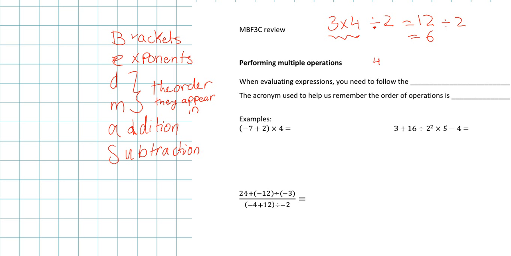Let me give you another question. Let's say you have 4 divided by 2 times 3. Then you have to do 4 divided by 2 first, which gives you 2, times 3, which gives you 6. In this case, it happened to be the same number. It doesn't always work that way.